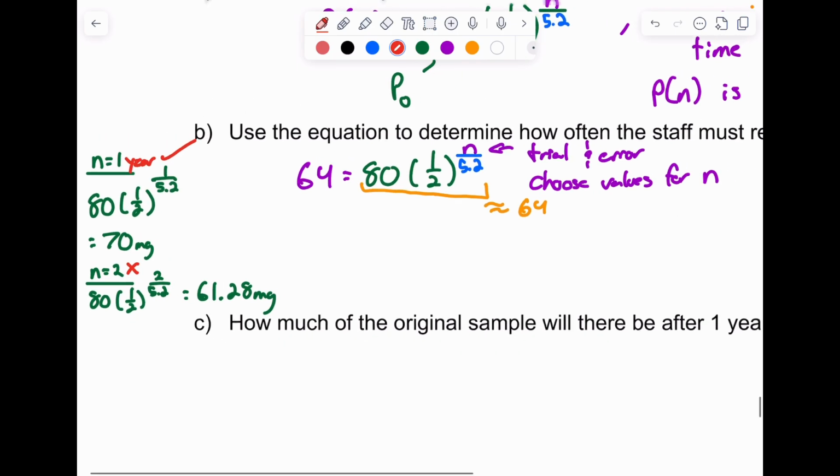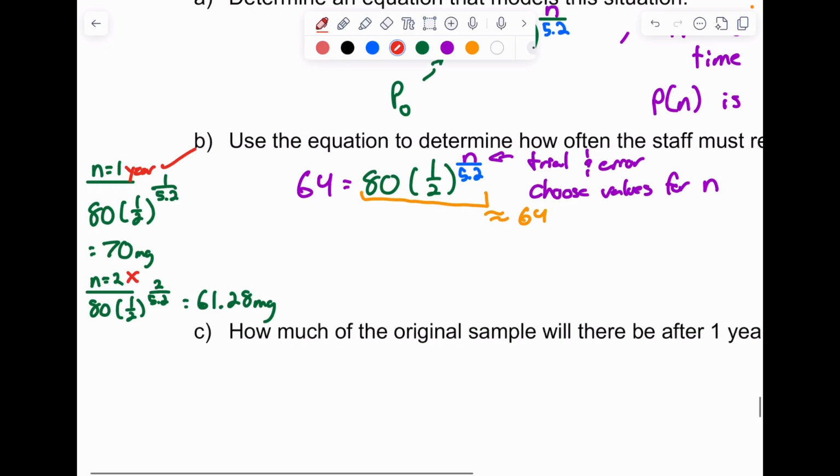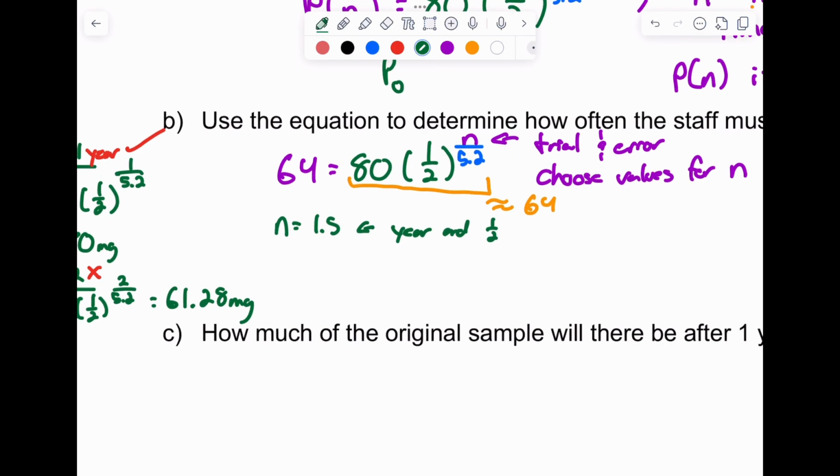So you can keep trying this, and let's do one more to get another specific. Let's try n being 1.5, which means a year and a half, or a year and 6 months. If we do that, we have 80 times 1/2 to the 1.5 over 5.2.